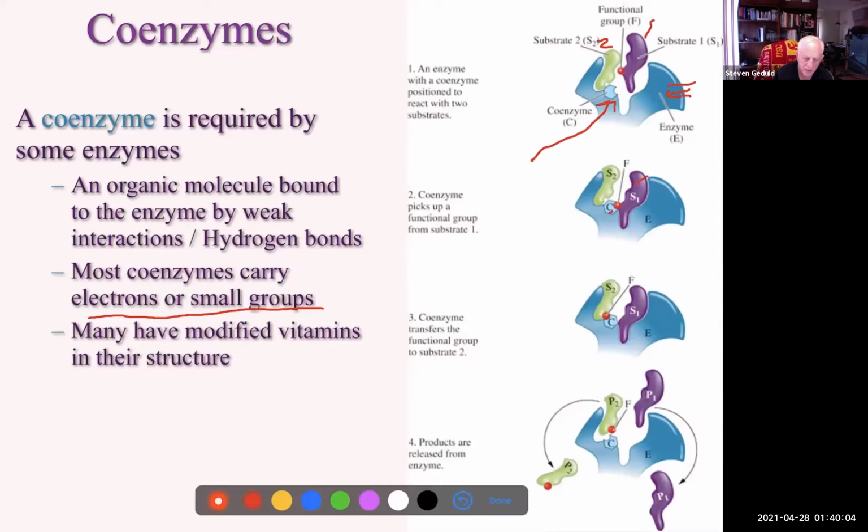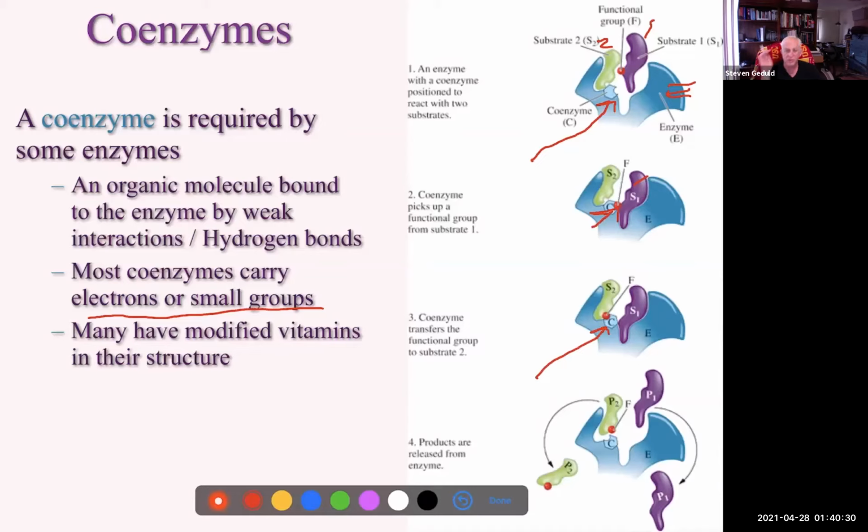The coenzyme allows the functional group to transfer from substrate 1 to substrate 2. The coenzyme sits in that active site, and it takes the group, whether it's a hydroxyl group, carboxyl, whatever it is, and transfers it to substrate number 2.